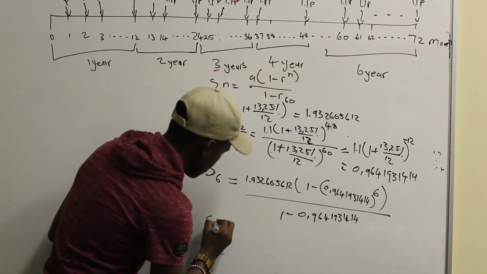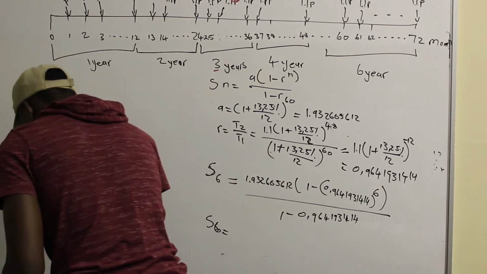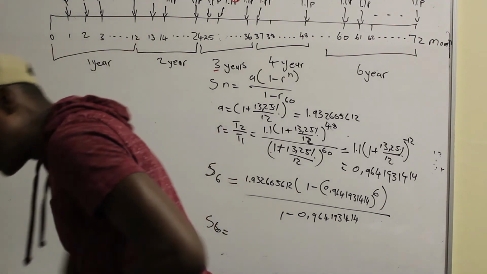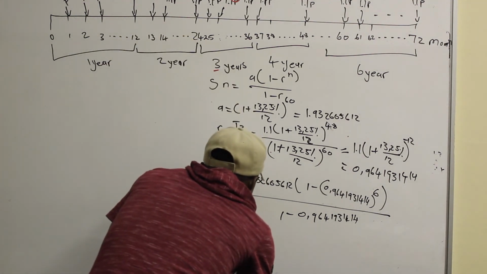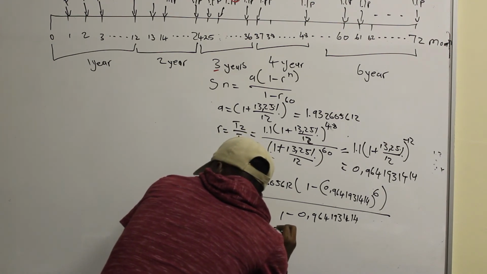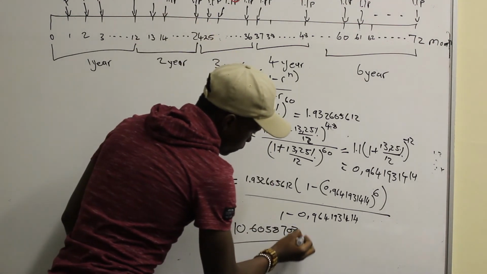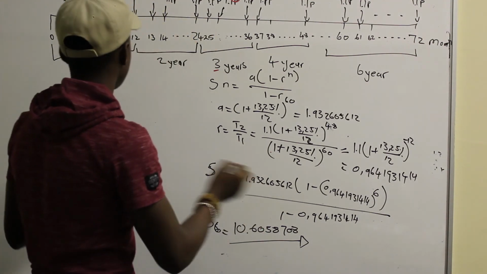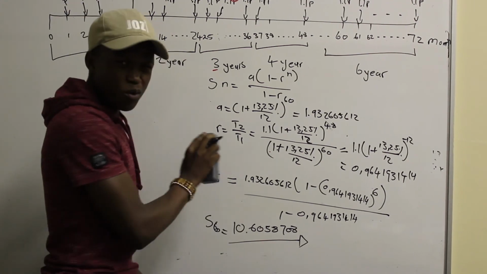And S6 equals 10.60588708. Then for the future value, going back, I hope you copy this down.